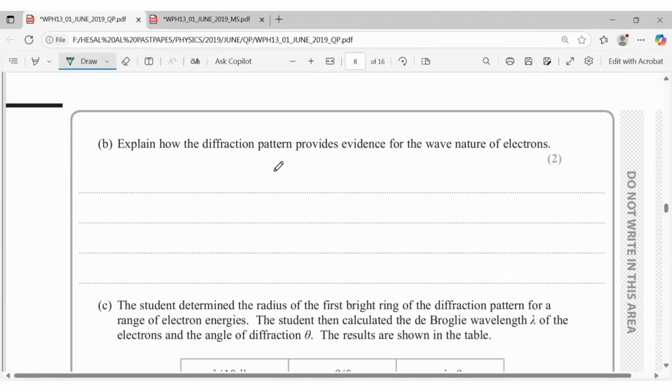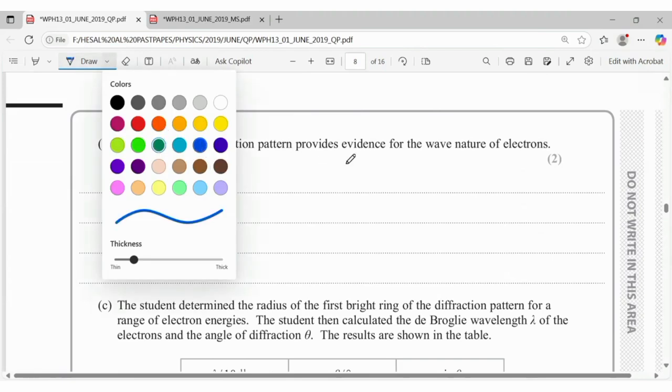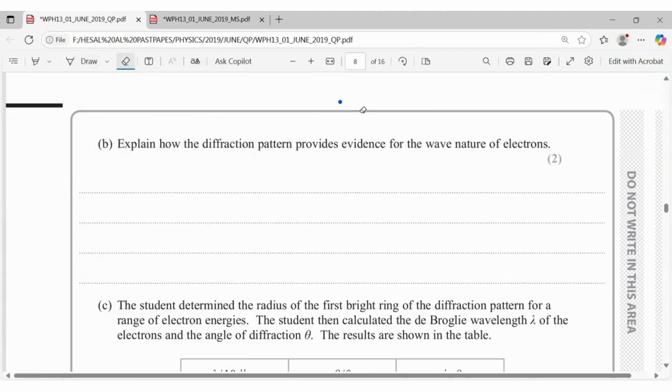Explain how the diffraction pattern provides evidence for the wave nature. Remember, once you answer this question, they are talking about the electron. You always have to write down that term. If you write light or something else, you can't get marks. Here, we can say electrons are diffracted.